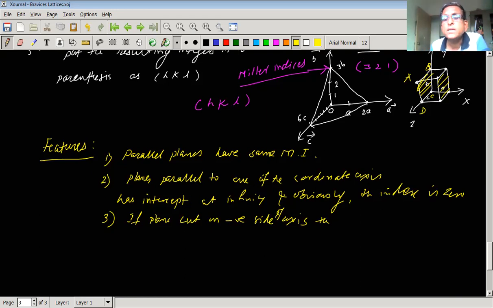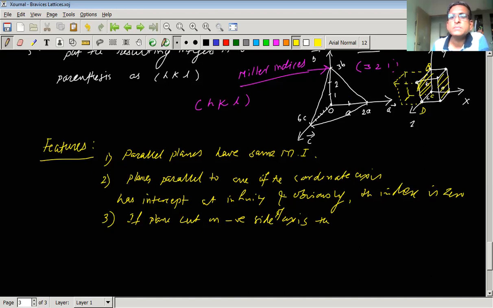For example, suppose this is the unit cell, and we consider this plane.